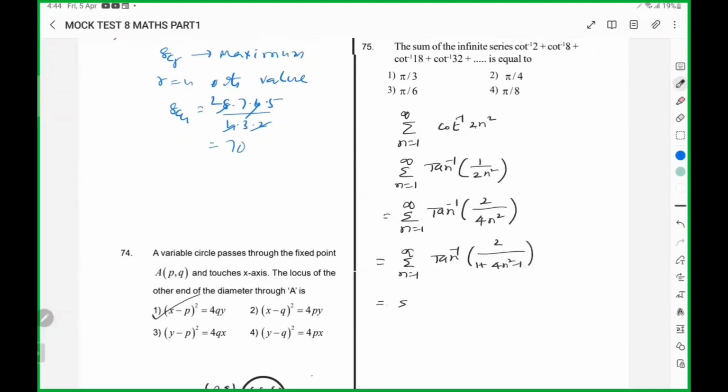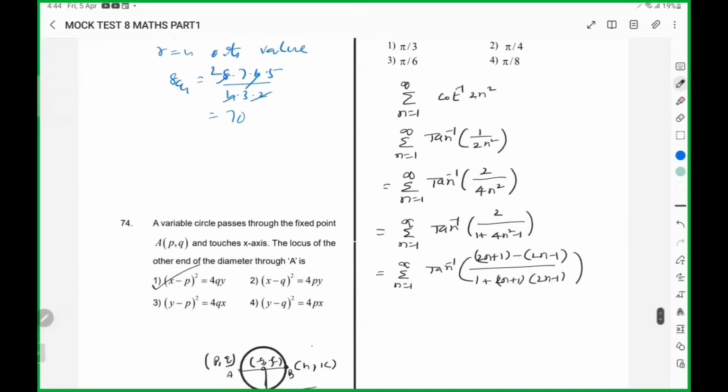This I can write as tan inverse of 2n plus 1 minus 2n minus 1 divided by 1 plus 2n plus 1 into 2n minus 1. So sigma n equal to 1 to infinity, tan inverse 2n plus 1 minus tan inverse 2n minus 1.